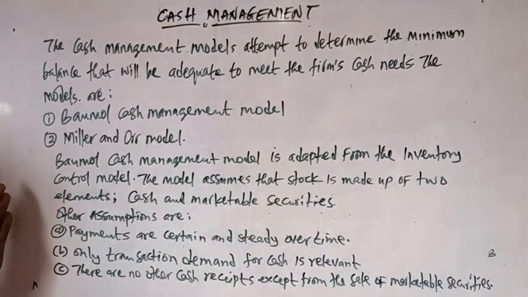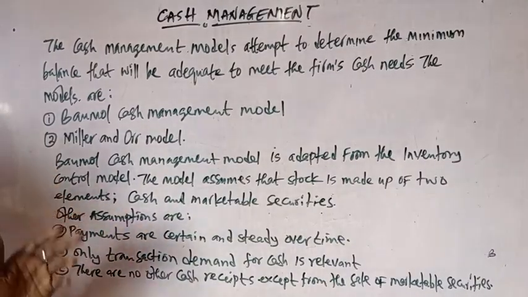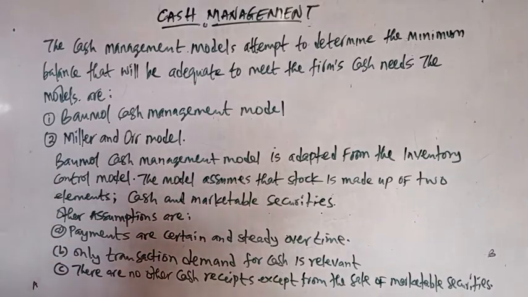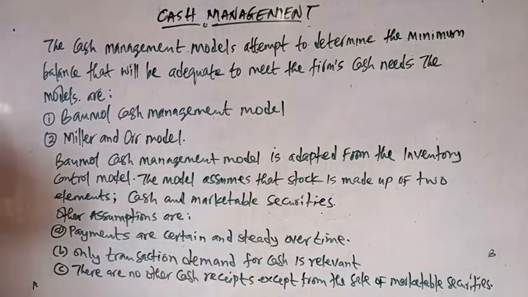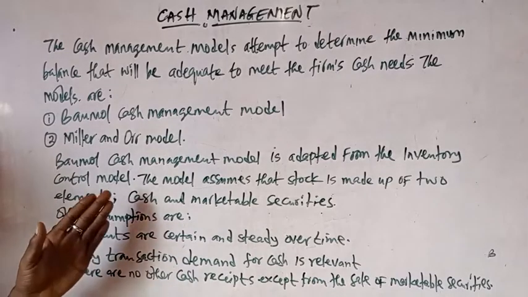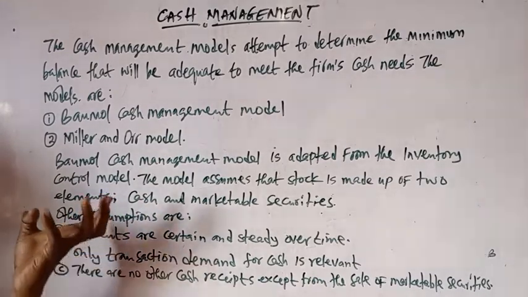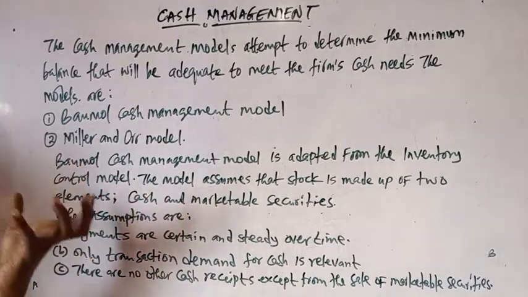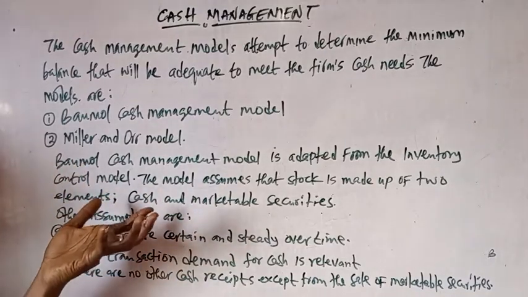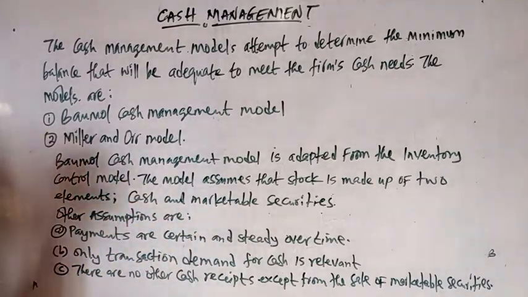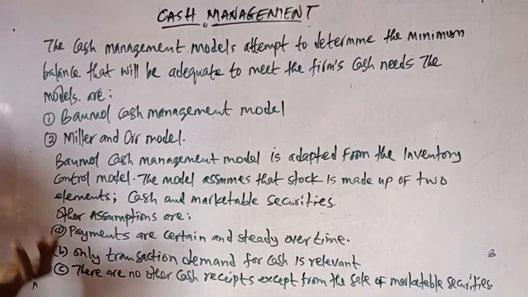Okay, so looking at the Baumol cash management model, it is adapted from the inventory control model. The Baumol cash management model also uses a formula similar to that of the stock model under the deterministic model, which is basically the economic order quantity model.